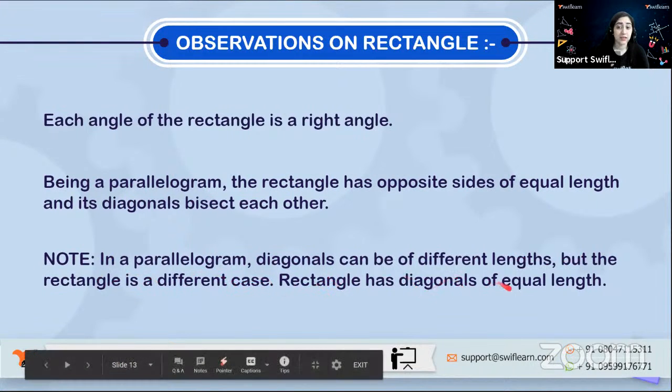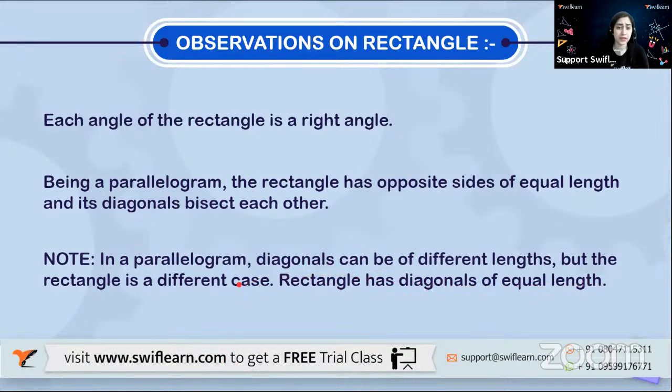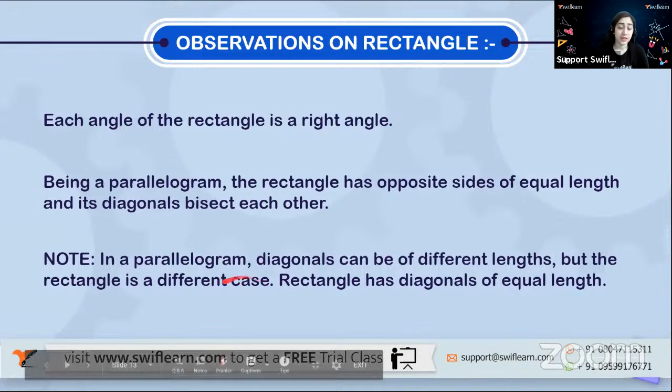Rectangles have diagonals of equal length. It should be a square has diagonals of equal length. I'm so sorry for this.